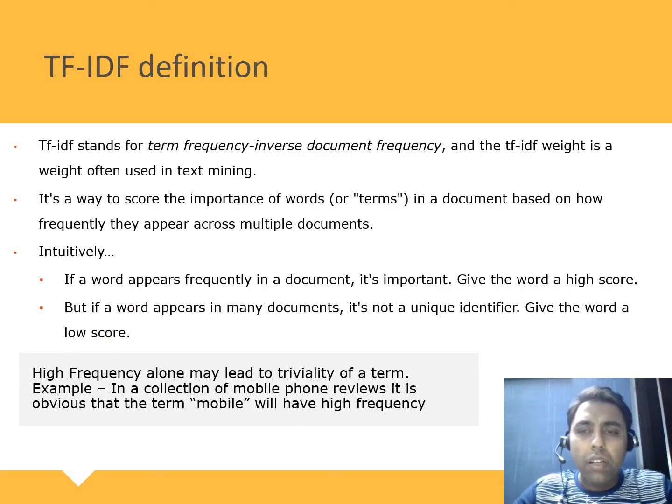So the TF-IDF concept, or the term frequency, inverse document frequency concept, actually relies on the concept of the document term matrix and the bag of words model, which we discussed in some of the previous videos. What it does is it aims to solve a few of the issues that we run into using the term frequency model from the document term matrix.